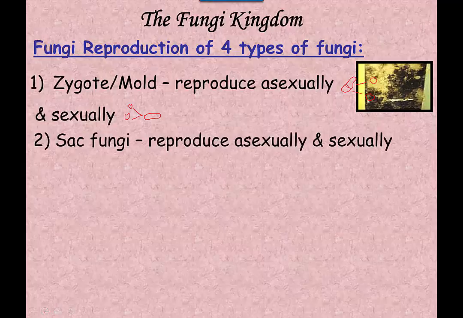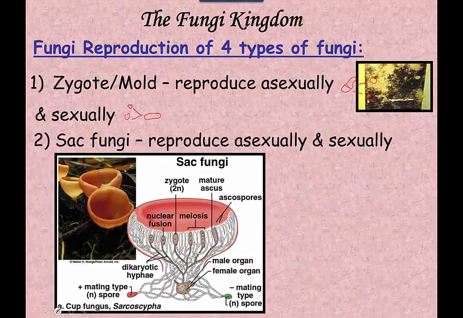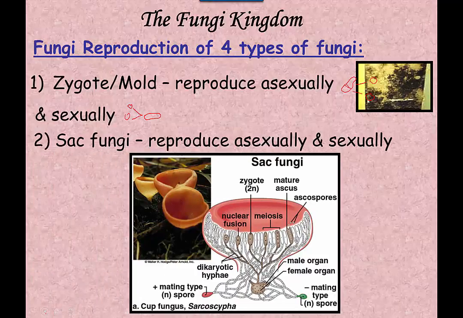Sac fungi reproduce again sexually and asexually, depending on the situation. Here's a good example and a good picture of what that looks like. These sac fungi on the left, you can see what they look like in real life, and they look almost like a bowl. And then on the right, we have the picture. A few words here that you don't know yet, but if we take a look at what's going on, they've sort of cut away the outside of the fungi so we could take a look at it.